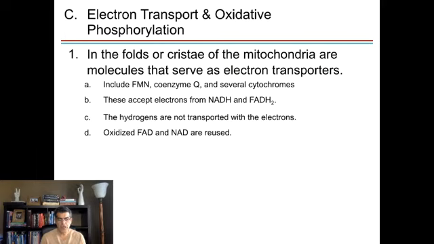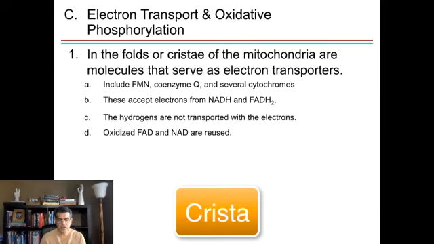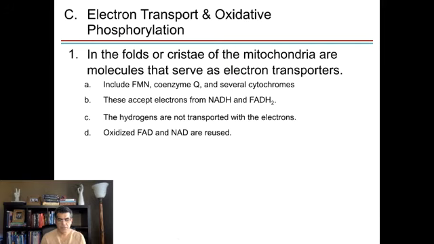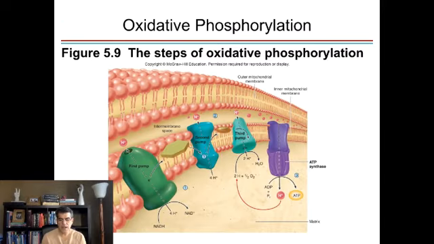The electron transport chain is composed of a bunch of molecules and enzymes that you have in the crista, or folding, of mitochondria. The most important element of this electron transport chain would be cytochromes. The cytochromes are molecules that contain iron. Members of the electron transport chain are going to take electrons from NADH and FADH2. This diagram shows the inside of the mitochondria.